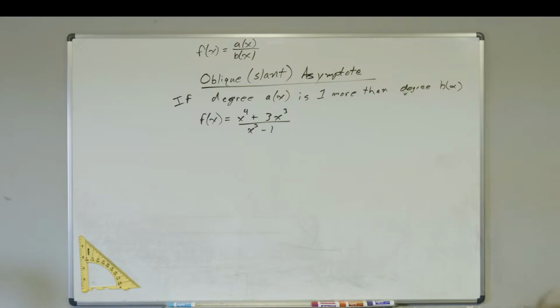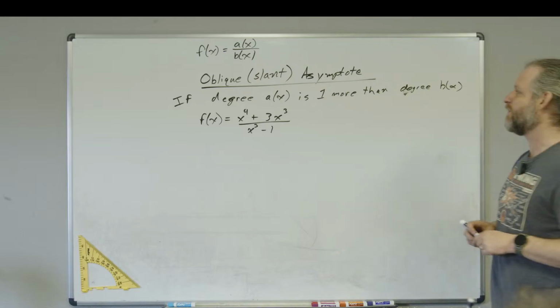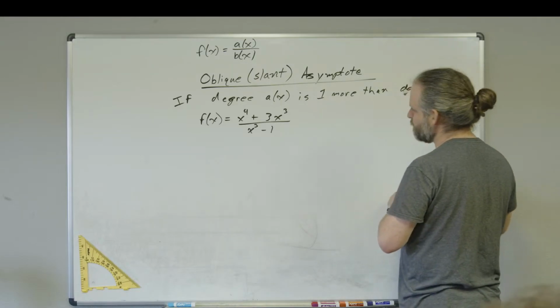What is the degree of the denominator? 3. Therefore, the degree of the numerator is greater than the degree of the denominator. So what does that tell us about horizontal asymptotes? There's not one. Now, it's also just one more, so it does in fact have an oblique asymptote. Great. Now we have to figure out what that is. But just for grins and giggles, let's do this part.